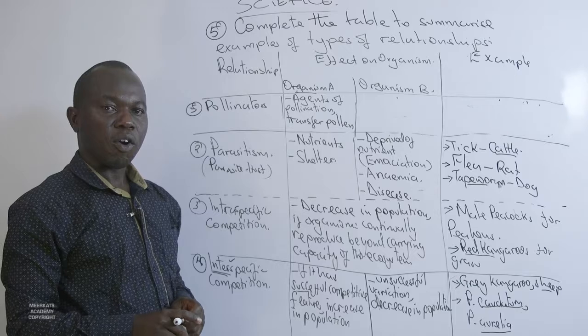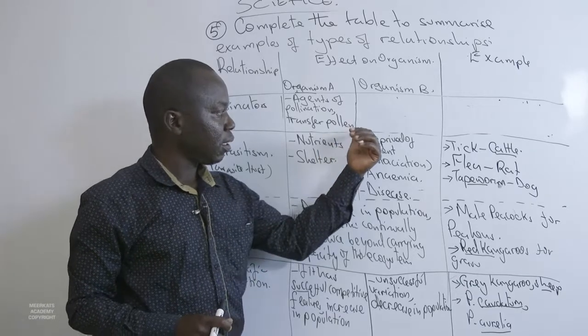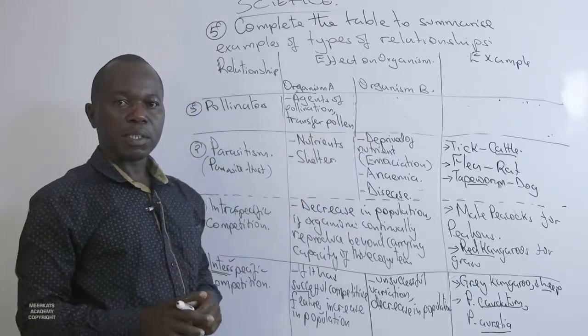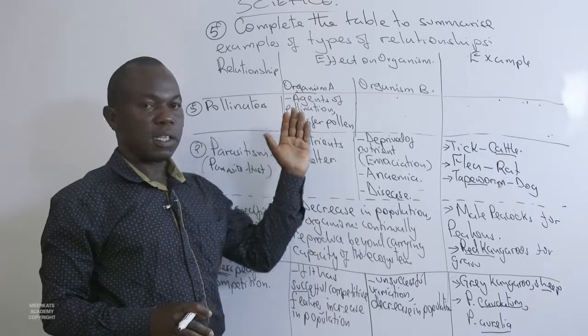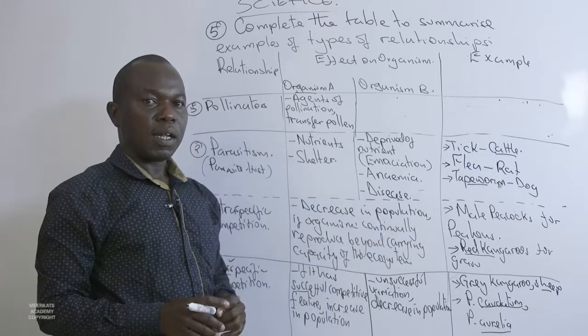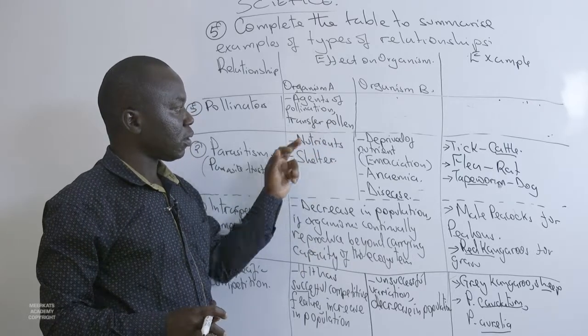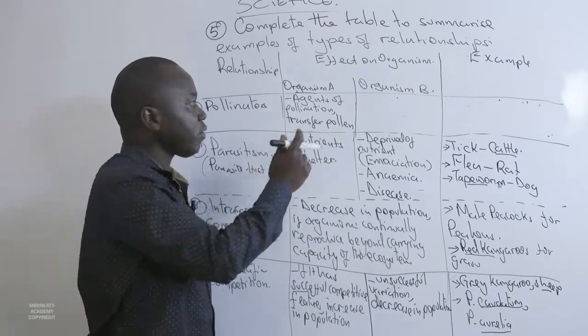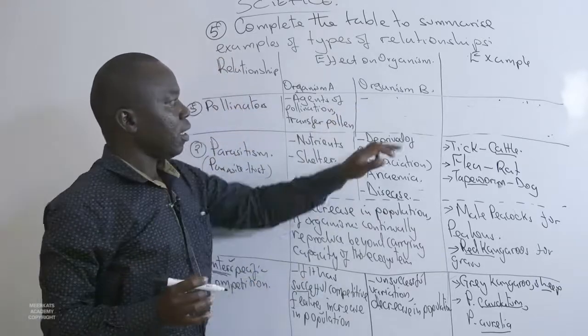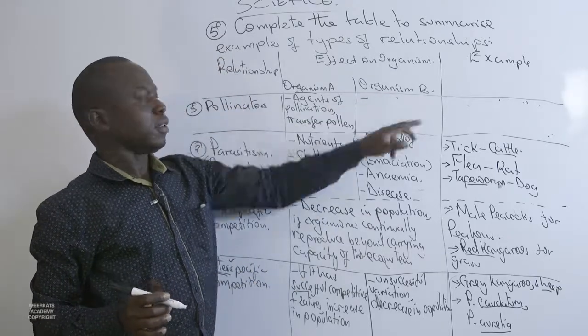As they feed on nectar, the pollen grains stick on their bodies if they're insects, and then they are transferred to another flower. That is called either cross-pollination or self-pollination. Here the other organism is the plant or flower.